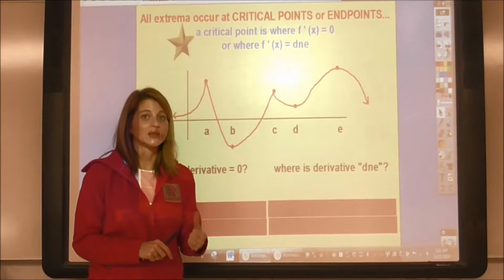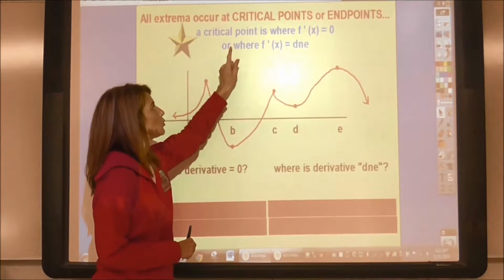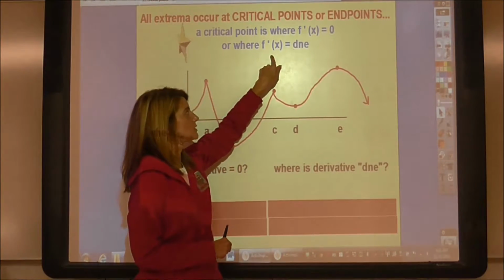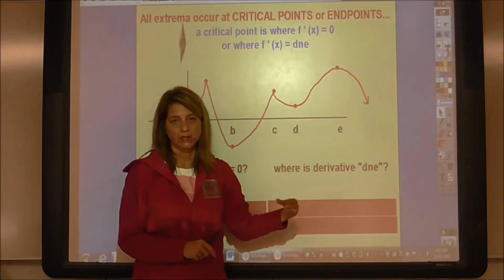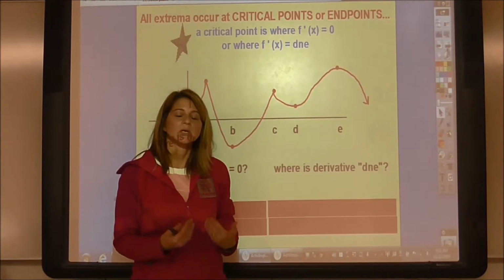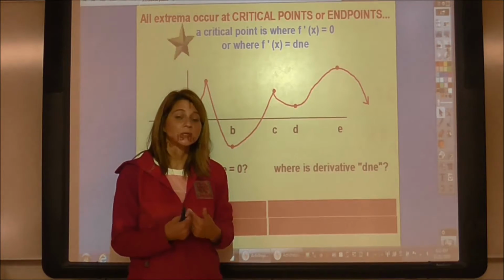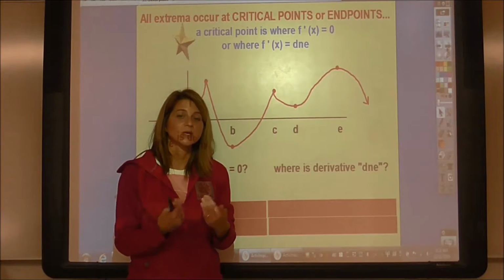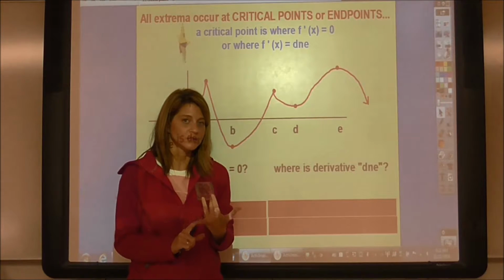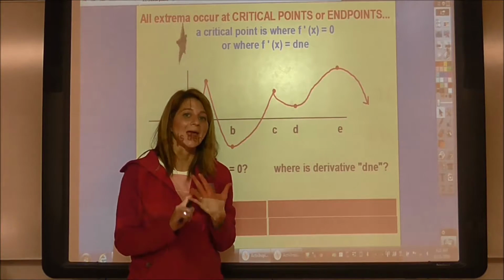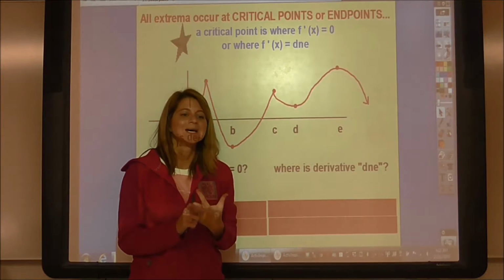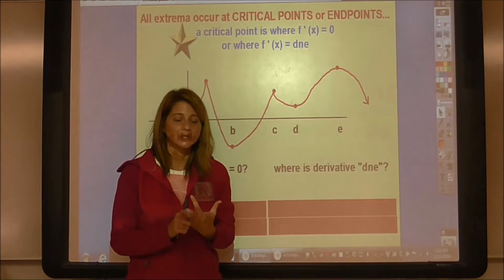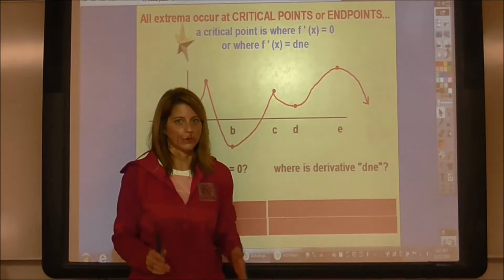And a critical point is defined as when your derivative is 0 or when your derivative does not exist, when it's undefined. So if we go look for extrema, we have to look for 3 things. We have to find critical points, derivative is 0, derivative is undefined, and we have to look for endpoints. Since endpoints are something that people tend to forget, I usually take care of that first. That way I don't forget it.